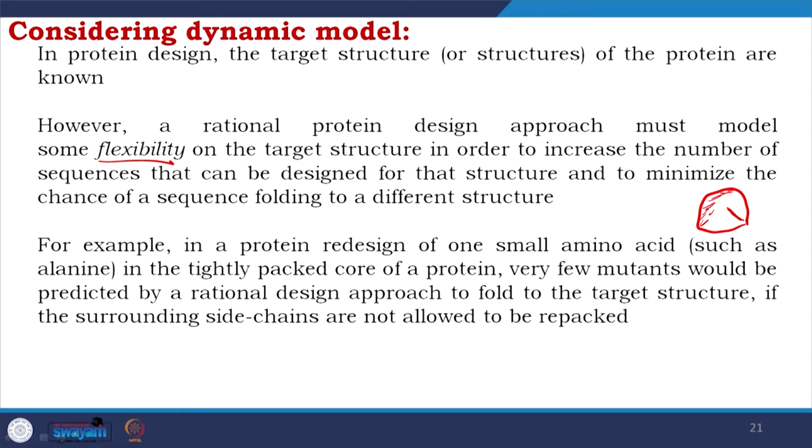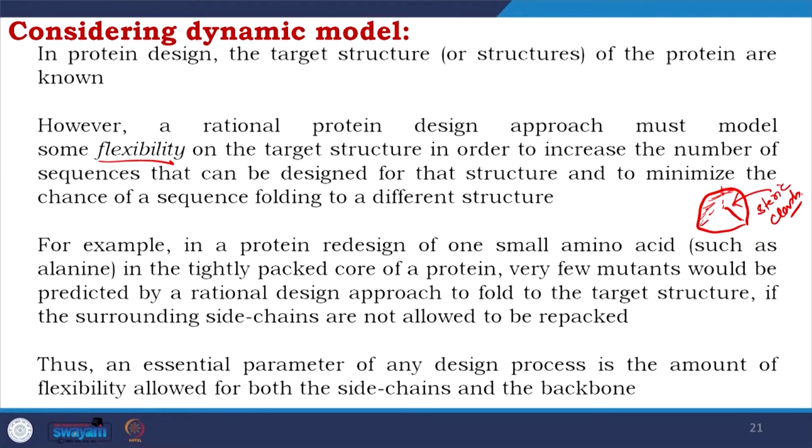So, you cannot allow to design a bigger amino acid, because in this static environment there is a possibility of steric clash, because the environment where the small amino acid alanine or glycine were existing, an arginine in theory is not possible, but if the model could be showing dynamicity, then we could understand what type of or which amino acid could be packed there.